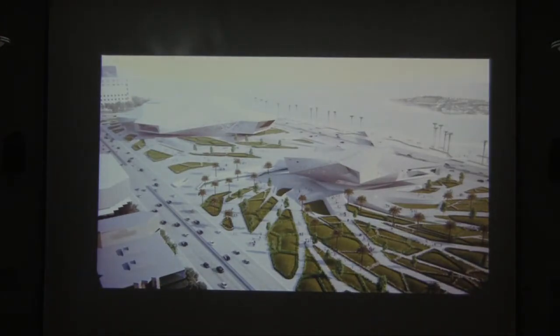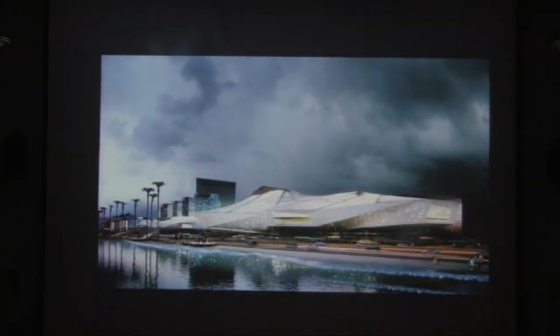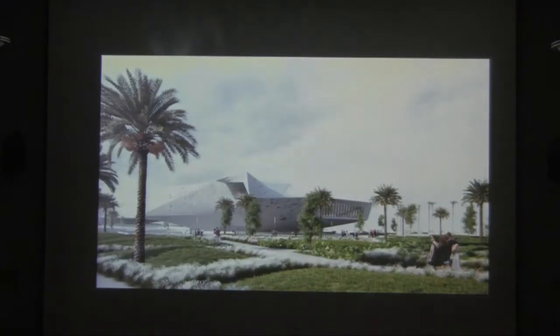That root network becomes to define the landscaping of the park and the way the landscaping works. You actually access the buildings as they move up through these lower entrances, and each of those apertures is pointing towards those significant points of departure. And that kind of branching pattern shows up again not only on the roof but also in the facade. And here's how it sits against the waterfront.